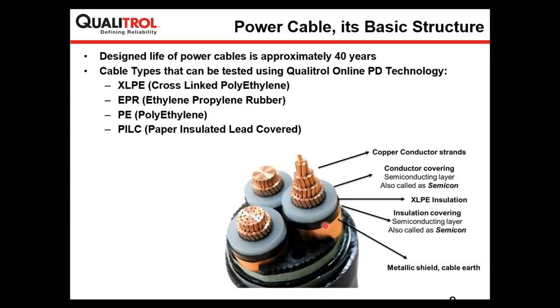Anything which happens between the conductor and the metallic sheath, if there is any impurity or defect in the cable insulation or the conducting layers, will lead to partial discharges. Depending on the location of the partial discharge, it can be either internal discharge or surface discharge.